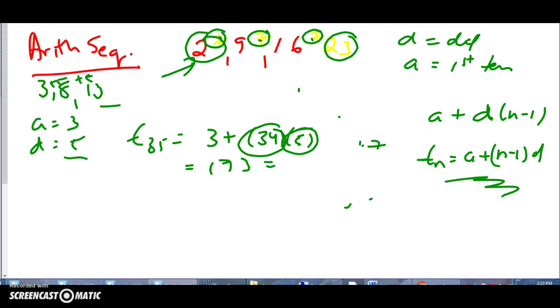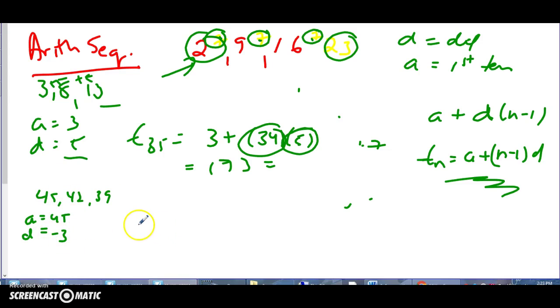You could work backwards. So for example, if I had this series here, 45, 42, 39, let's look at this. A is 45. D is my common difference, and my common difference is minus 3.